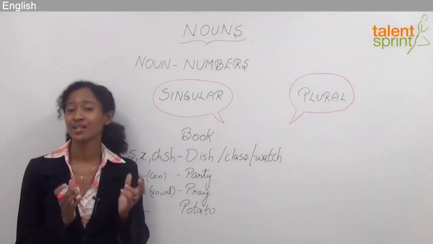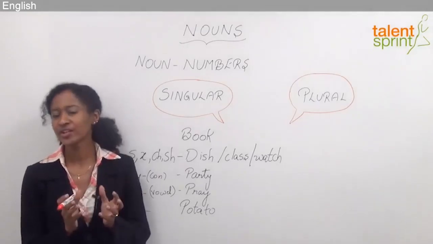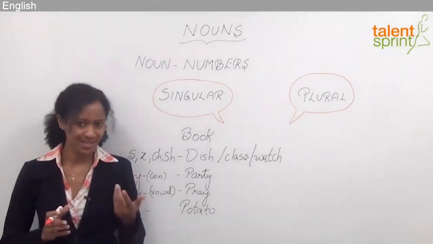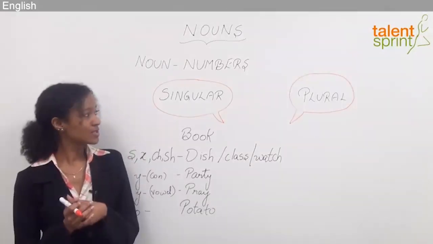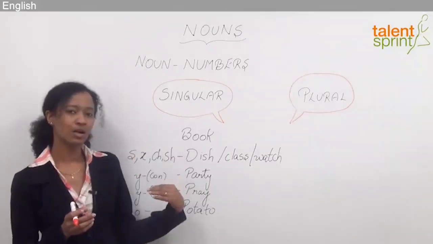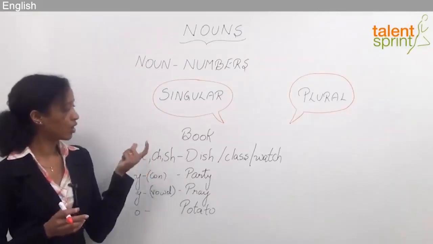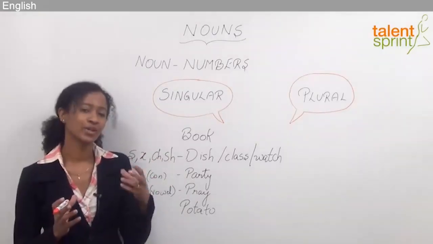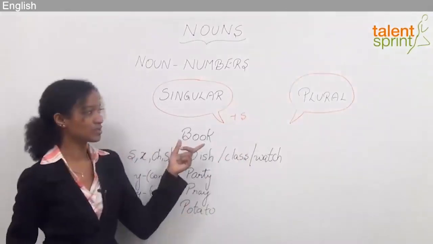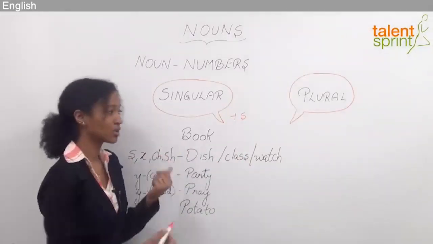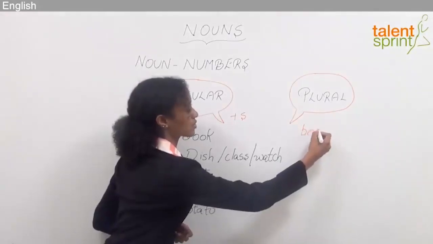We're going to take a look at noun numbers. Now generally when the noun refers to one thing, it's singular. When it refers to two or more things, it's plural. Okay, so let's look at certain examples. Now usually the noun adds s to the end of a word to make it plural. So book becomes books.